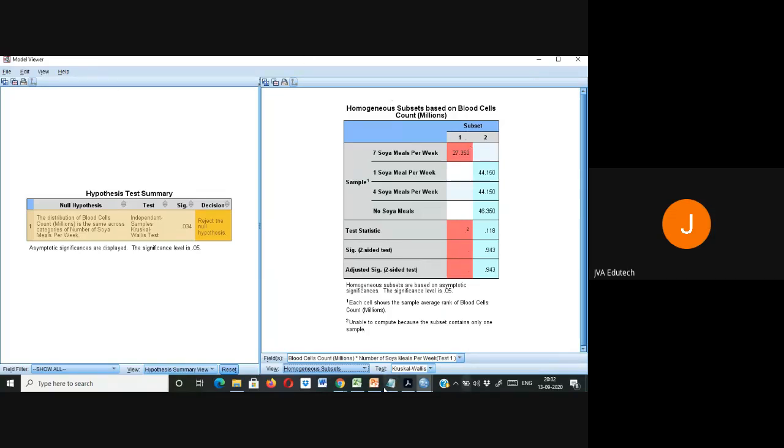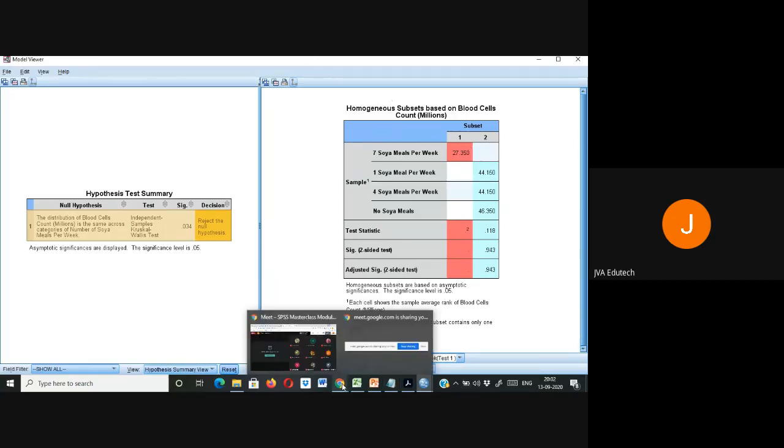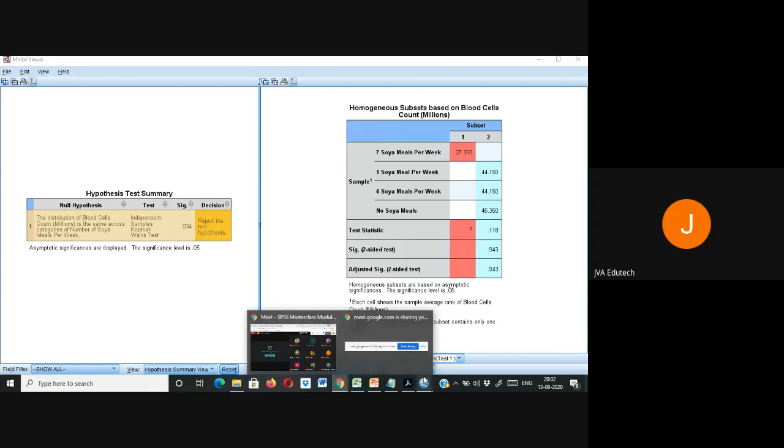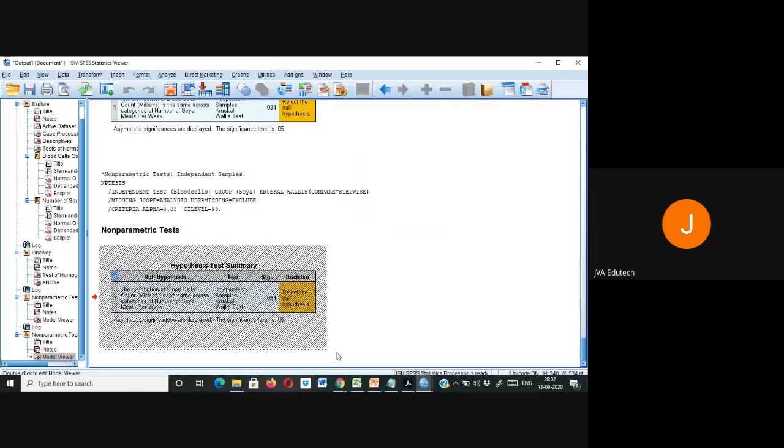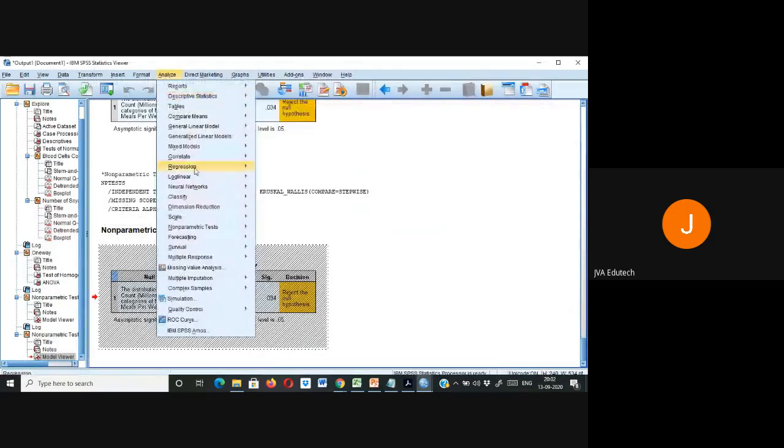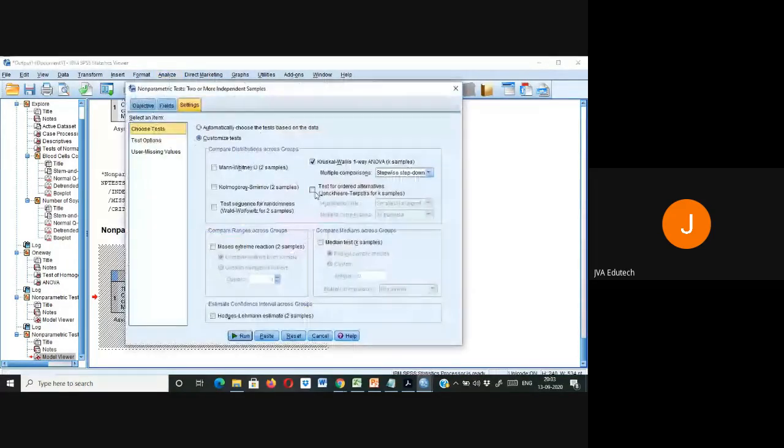Then for trend analysis, you can again do this Jonckheere-Terpstra test, if you wish. Then select smallest to largest.